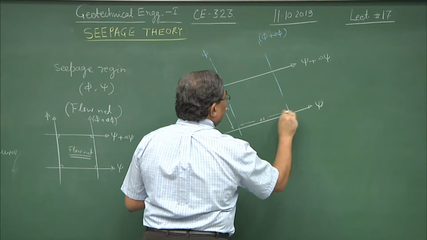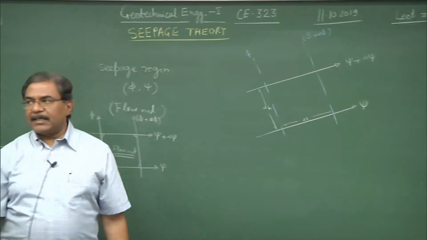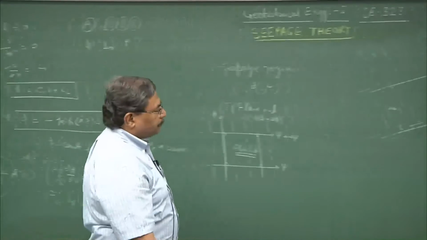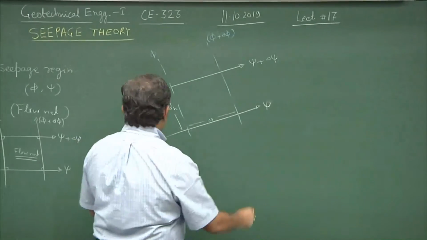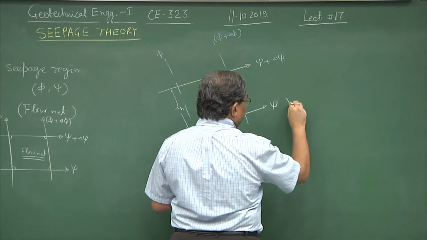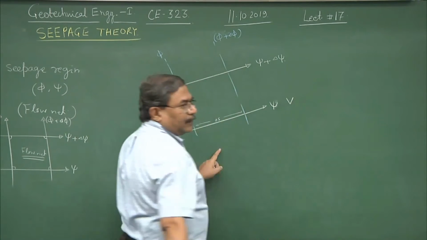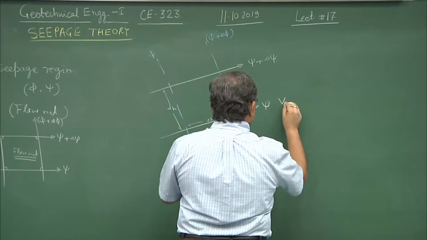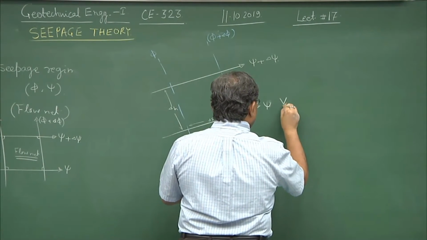There is a specific reason for assuming this as delta s and delta n. This is the direction of the flow. So, that means the discharge velocity is in the s direction.